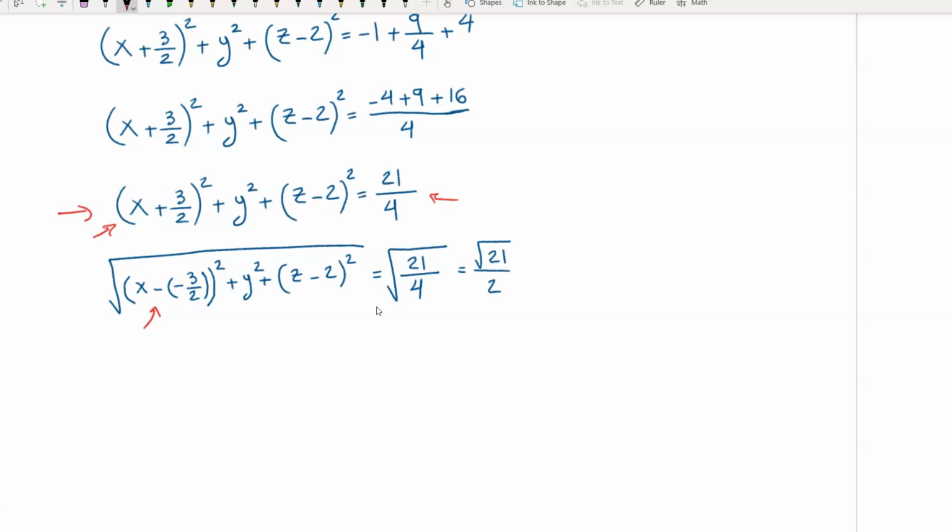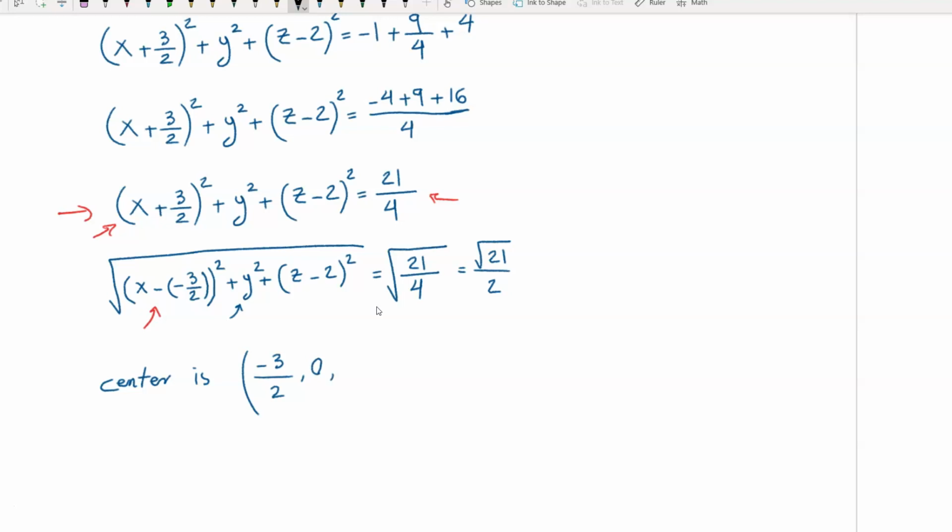So our center is this point. We have negative 3 divided by 2, comma, what we have here is y minus 0 squared.